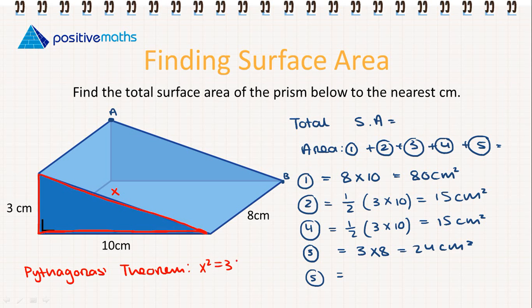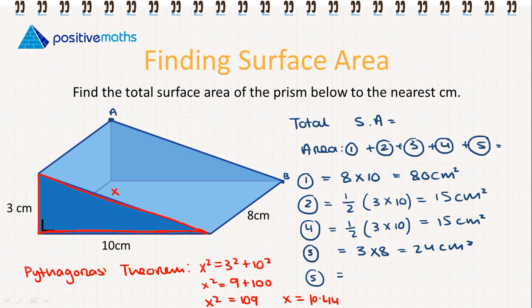So Pythagoras' theorem tells us that x squared is equal to 3 squared plus 10 squared. So x squared is going to be equal to 9 plus 100. So x squared is going to be equal to 109. Therefore, x is going to be equal to the square root of 109, which is equal to 10.44.